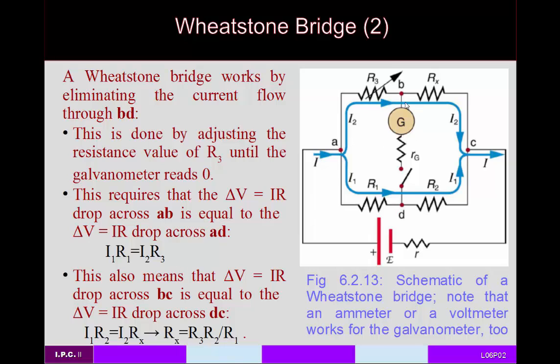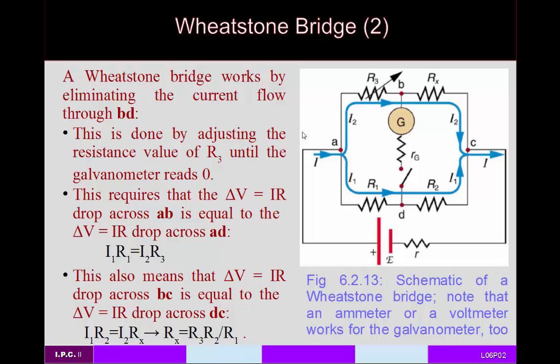The only way to ensure there's no current through this bridge is for the voltage drop to be zero, and that happens when I1 R2 and I2 Rx are equal. That would be the current through this resistor times this resistance, and the current through the unknown resistor times this resistance.